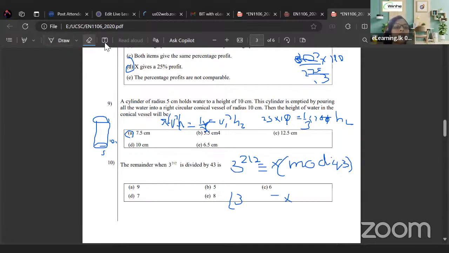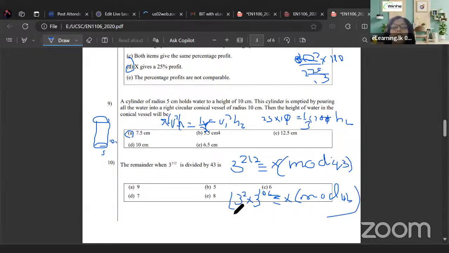You consider 2 to the power 2 as one answer. Then 3 to the power 2 mod 43.